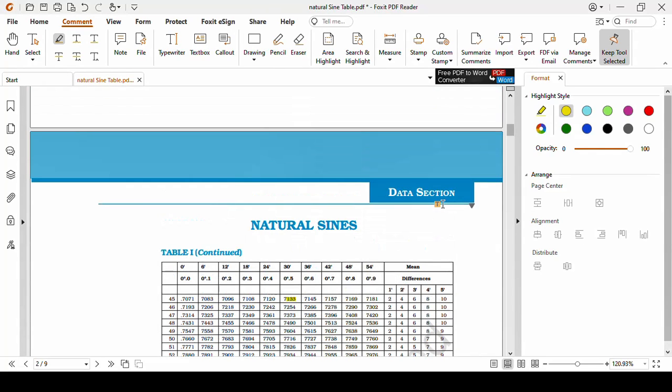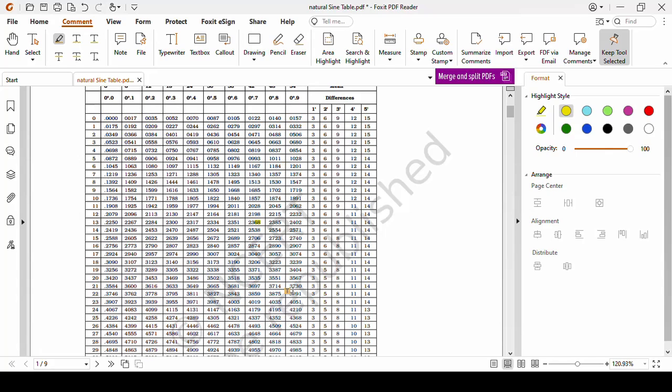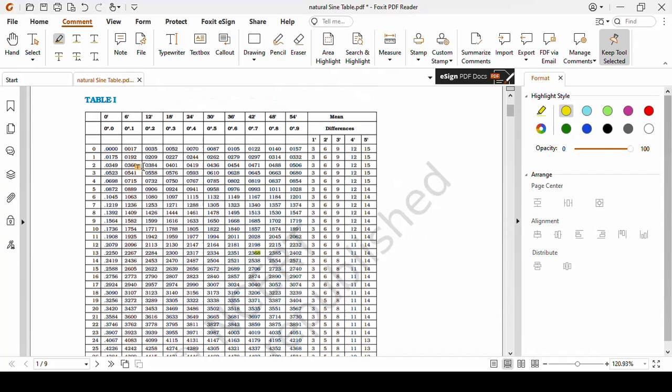Now we're going to look inside the sine table, inside this region, for a value that is close to 0.237. Now you have here 0.2079. But okay, look at this. You have 0.225, 0.226, 0.227.